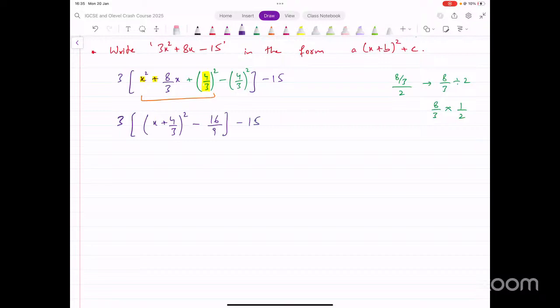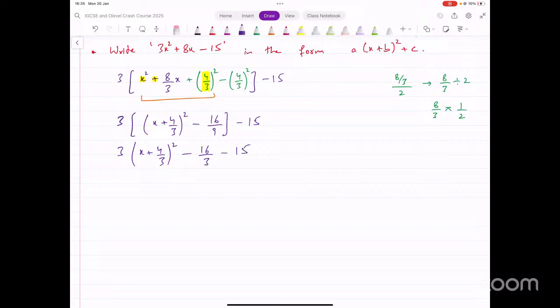Okay, now let's simplify this further. Multiply 3 inside, and that will give you 3 into x plus 4 over 3 whole squared minus 16 over 9 times 3. That will leave you with minus 16 over 3 minus 15.